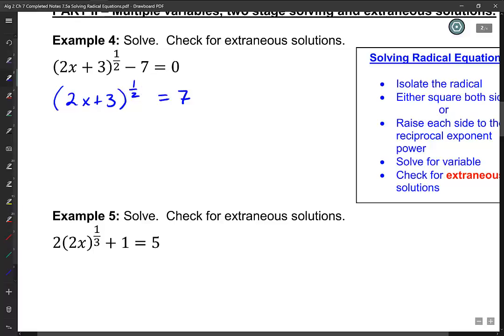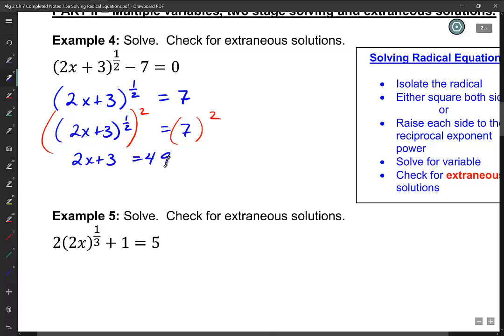Well, I hope that's pretty clear that you're going to square both sides. So when you square both sides of the equation, that fractional exponent is going to quickly knock itself out. Realize you must also square the 7. When you square something that is a fractional exponent of 1/2, that's going to knock those 2 out, leaving you 2x plus 3 equals 49. So 2x equals 46. So x equals 23.